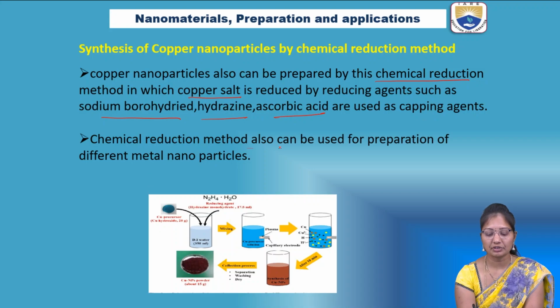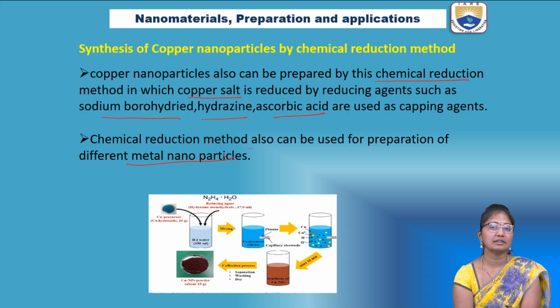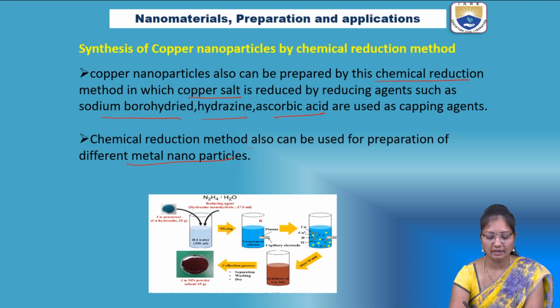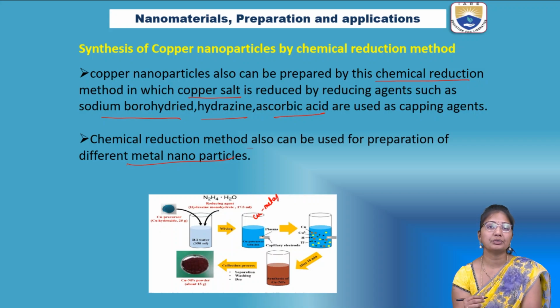So, the chemical reduction method can be used for the preparation of different metal nanoparticles by the suitable reducing and capping agents. Here, this is the copper precursor, means copper metal salt is going to be reduced by adding sodium borohydride or hydrogen and ascorbic acid as a capping agent, which results in the formation of nanoparticles.